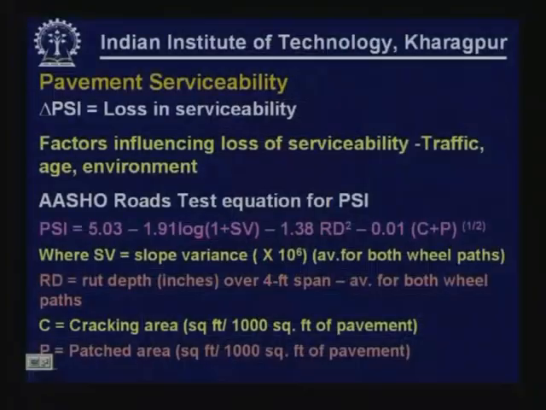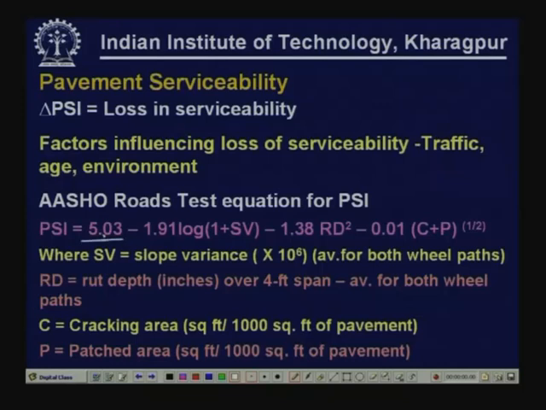If you look at this equation, PSI is given as a function of 5.03 minus 1.91 log (1 + SV), where SV is known as slope variance, RD is the rut depth, C is the extent of cracking, P is patching done to the already cracked portion or already deteriorated portion. So, the main parameters that we use in estimating PSI, present serviceability index, which gives us an indication of what is the present functional condition of the pavement, are slope variance, rut depth, cracking and patching.